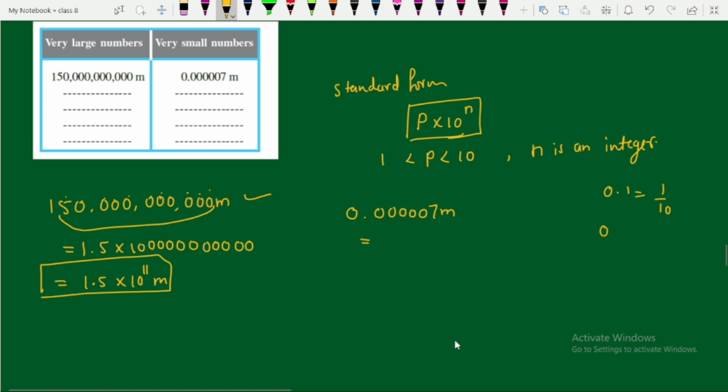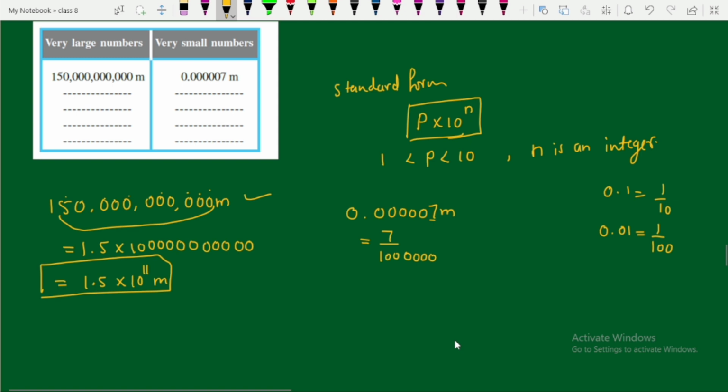In the same way 0.01 we can write as 1 upon 100. In the same way we are going to write this one as 7 upon, how many zeros are there, 5 zeros and this one decimal. Tell me how many decimal places are there: 6 decimal places we are going to write here.